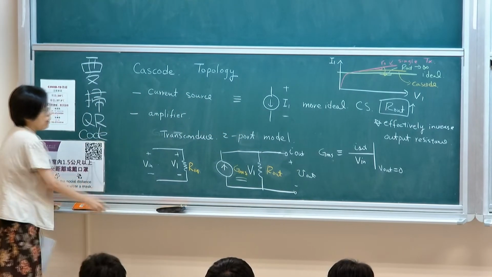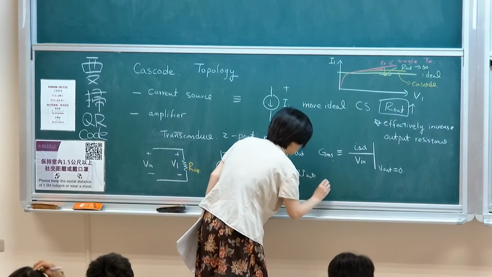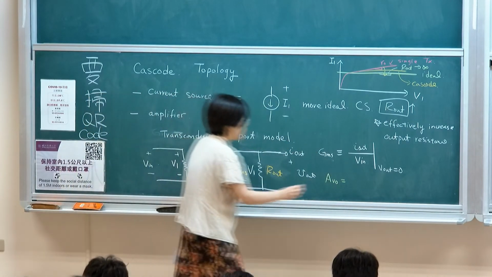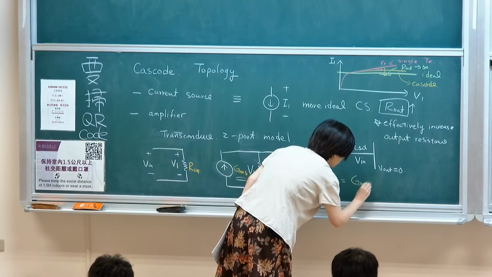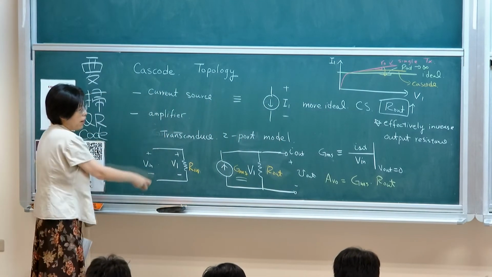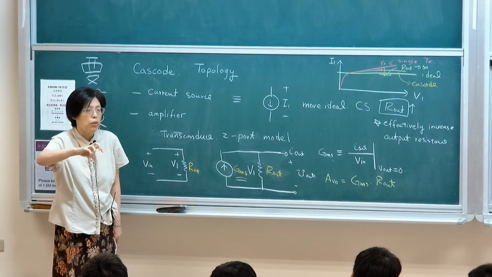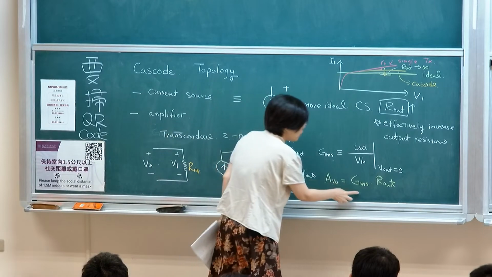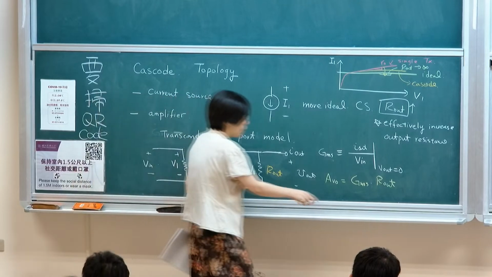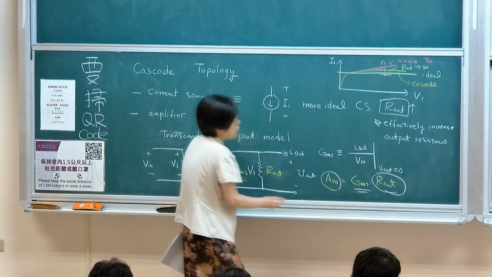If you look at a transconductance two-port model, what it means is that your voltage gain will be GMS times R out. For the amplifier application, GM is the sensitivity when you modulate the current. This is typically determined by transistor design, W over L, and biasing current. If I can boost this, it simply means my overall gain can be boosted.